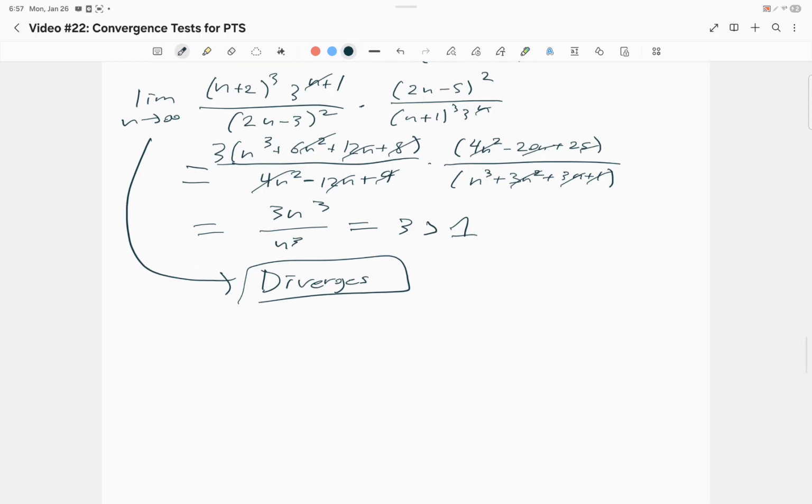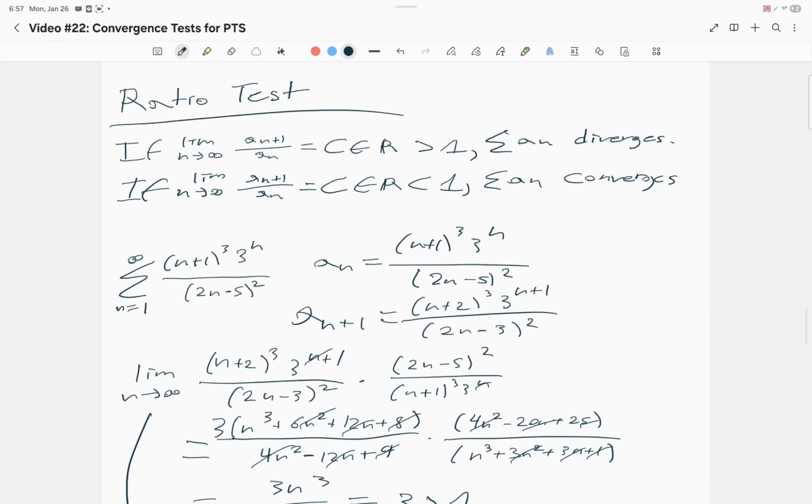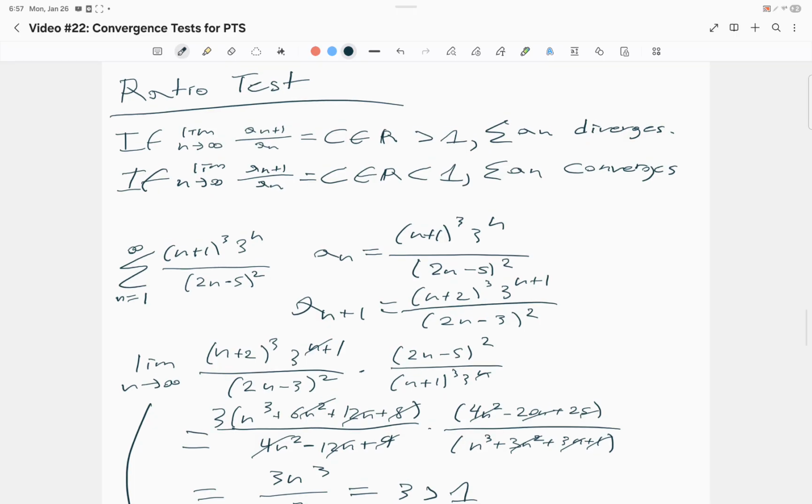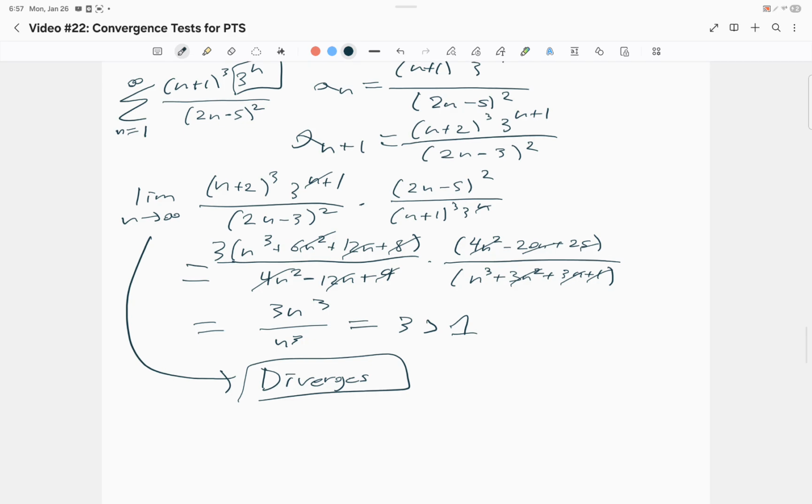There you go. So that is the ratio test. When would I use this? If you see anything with an exponential, like 2 to the n, e to the power of n, or any constant to the power of n, or even something like n squared, it might be worthwhile to use this.